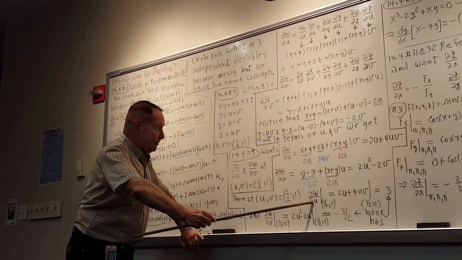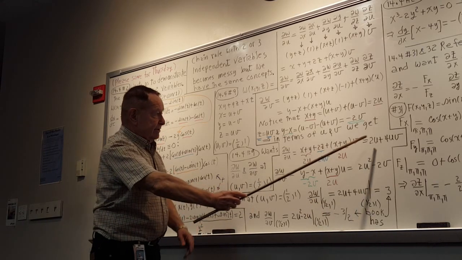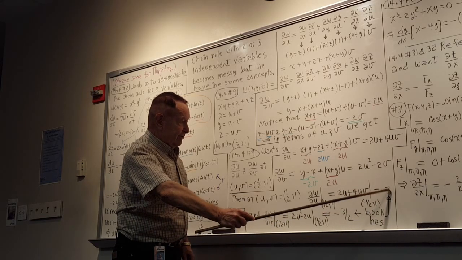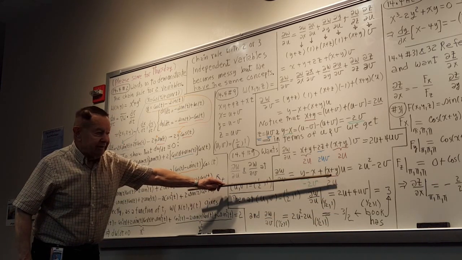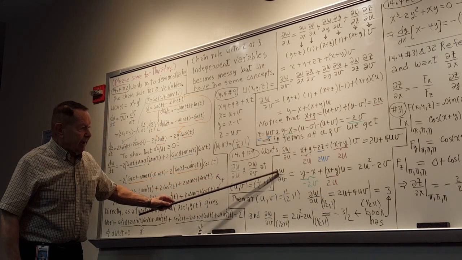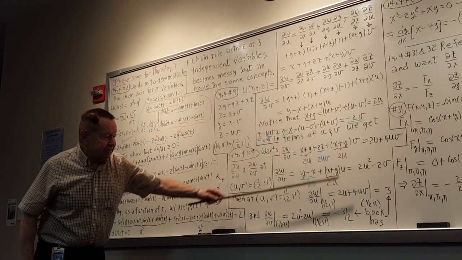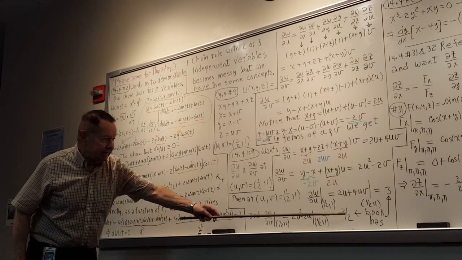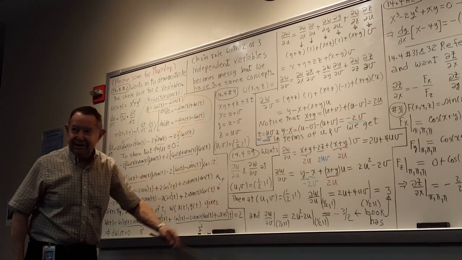Partial of W with U at 1/2 and 1 is this expression at 1/2 and 1, and that's 3. And then I can do the same thing with the other one. In the same way, my partial of W with V becomes this, and then I'm evaluating that at 1/2 and 1, and I get this. And this is what the book says they are.